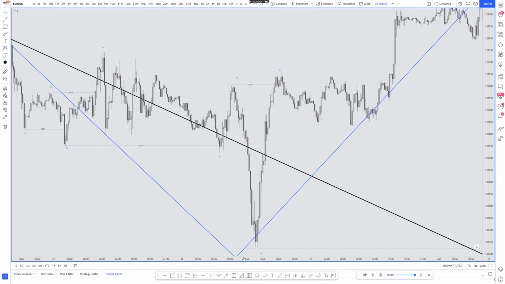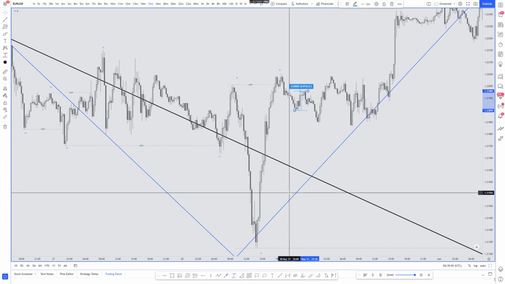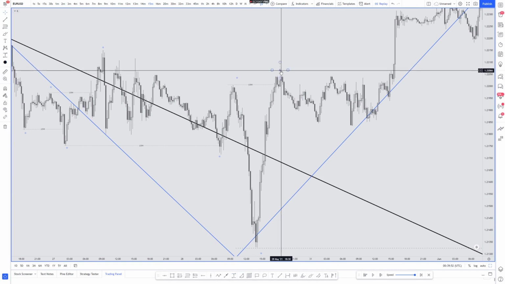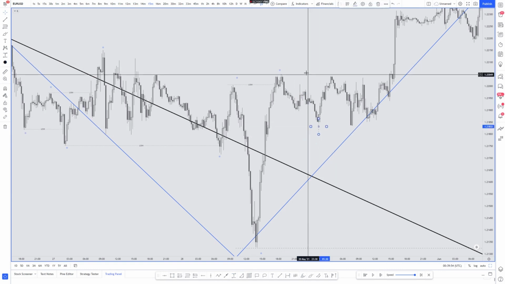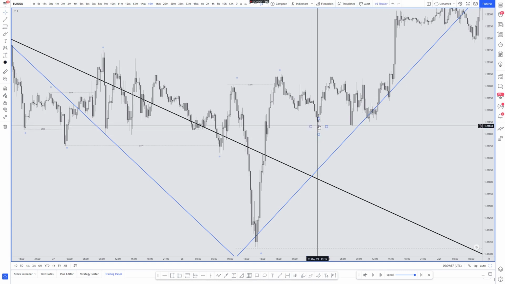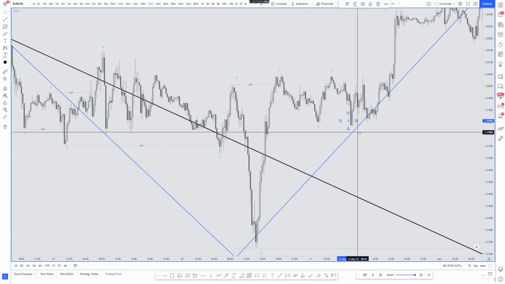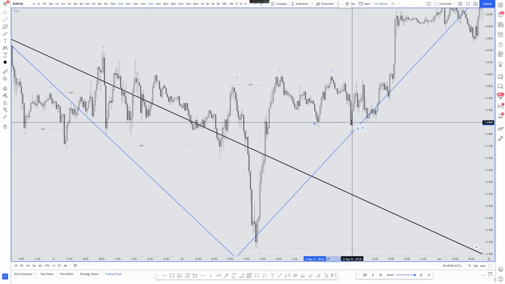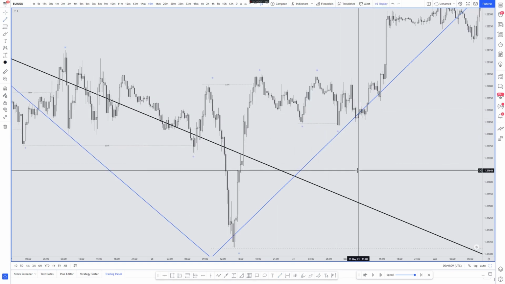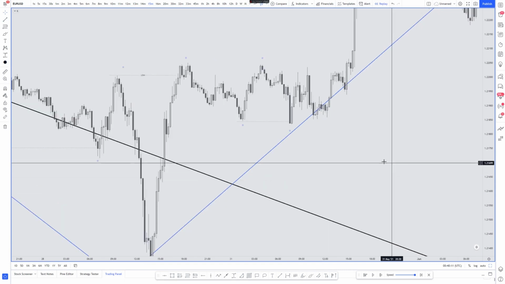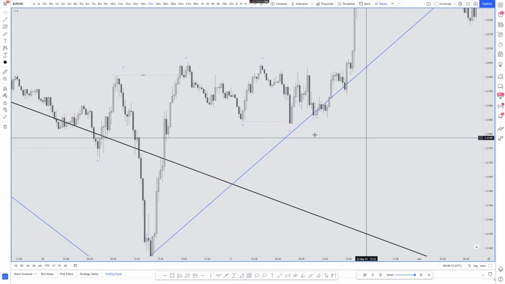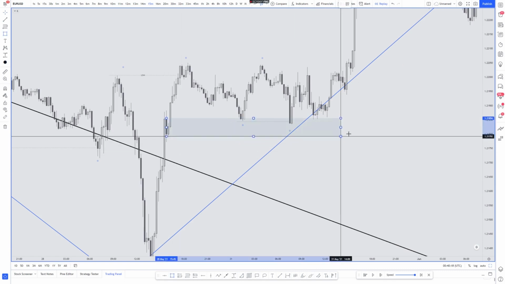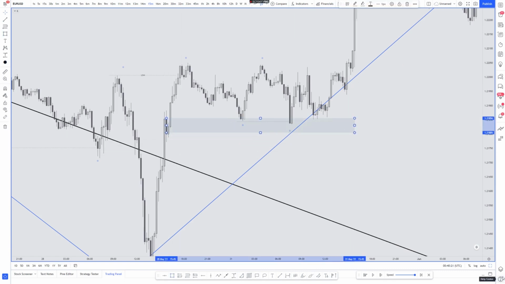Our pullback is, let's see, not quite enough, so I'm going to say this is our pullback here. Here we're still making new bearish structure. Now this did just break it, but what you can start insinuating here is, once again, you have a demand zone that just is holding.